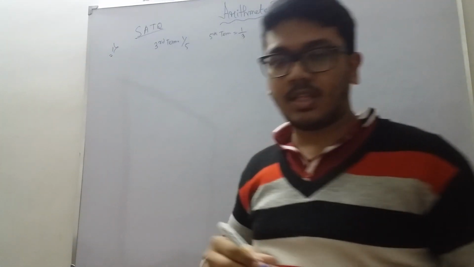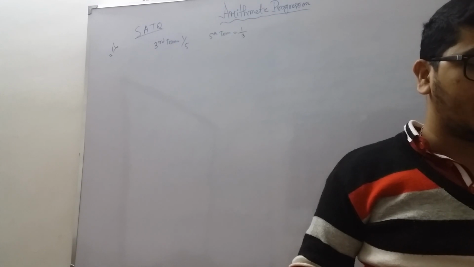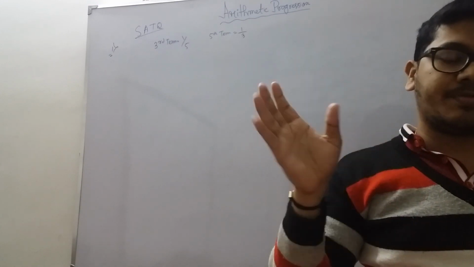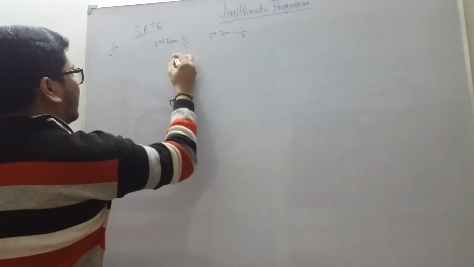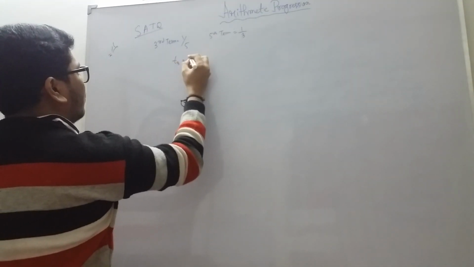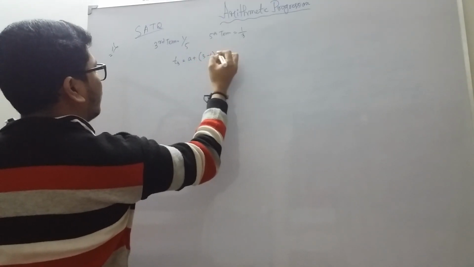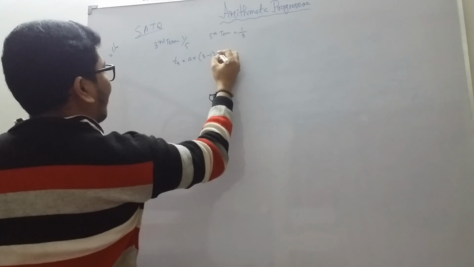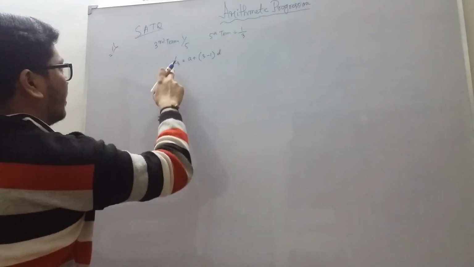What we have to do in this question is show that the sum to 15 terms of this AP is 8. The third term T3 equals a plus (3 minus 1) into d, and that is 1 by 5.